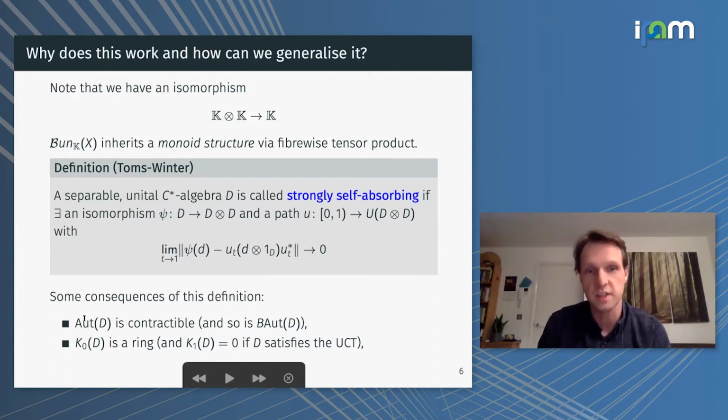Any two choices of isomorphisms will differ by an automorphism, but that's a contractible choice, so that doesn't matter. So there's a canonical ring structure on this group. And K1 of D is usually 0, at least if D satisfies the universal coefficient theorem.